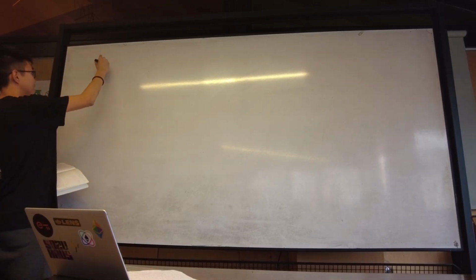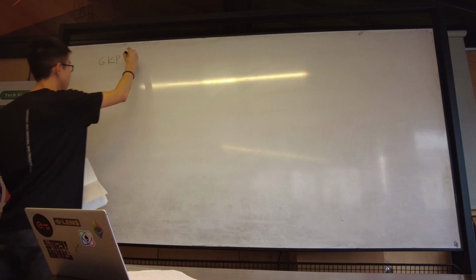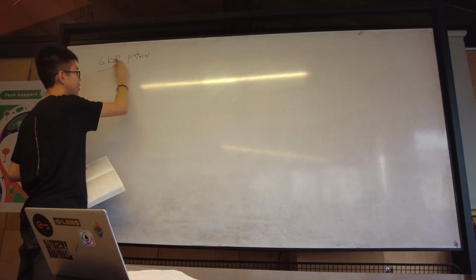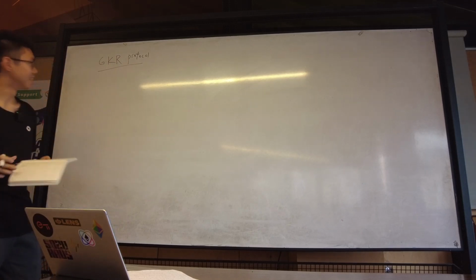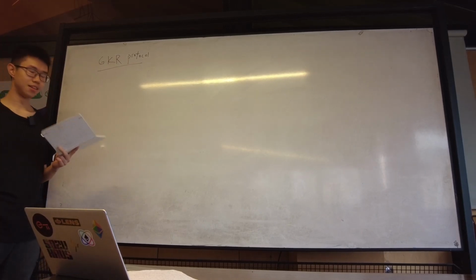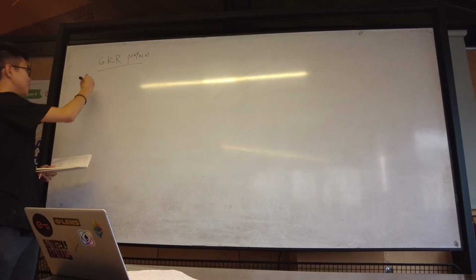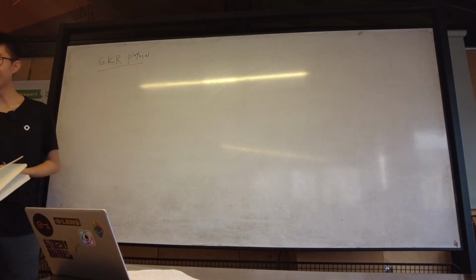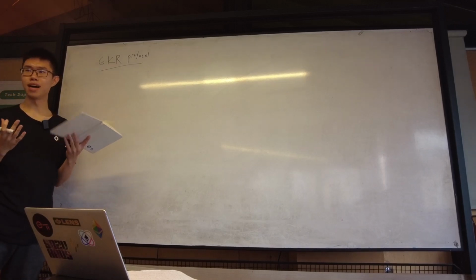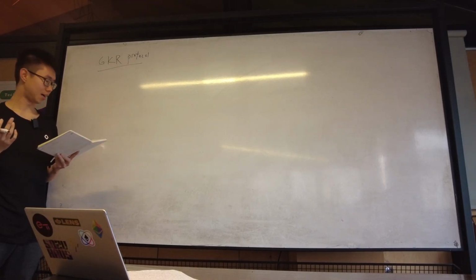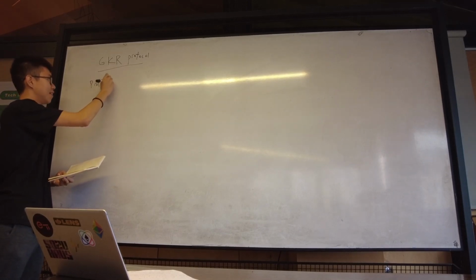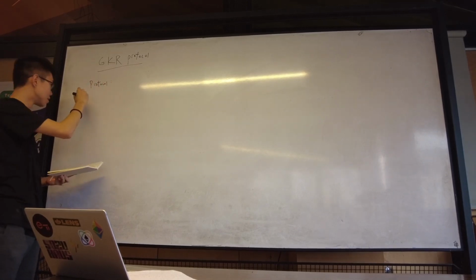So I think I'll just go through the most basic GKR protocol, the most basic one where all the inputs are public. Just as a very high-level intuition, GKR is used to do verification on an arithmetic circuit. So maybe we'll start with a high-level view of how the protocol actually works.